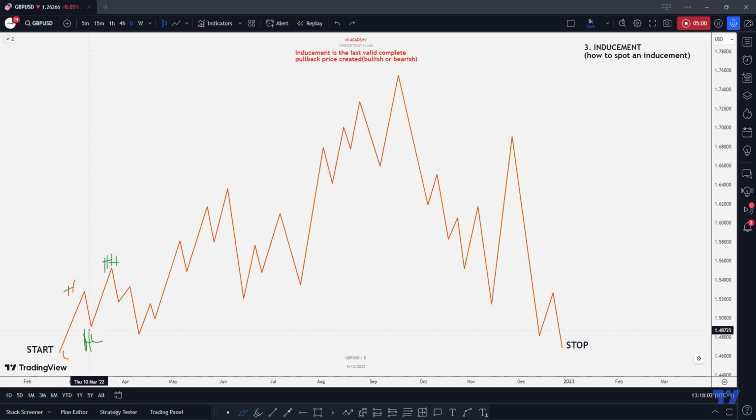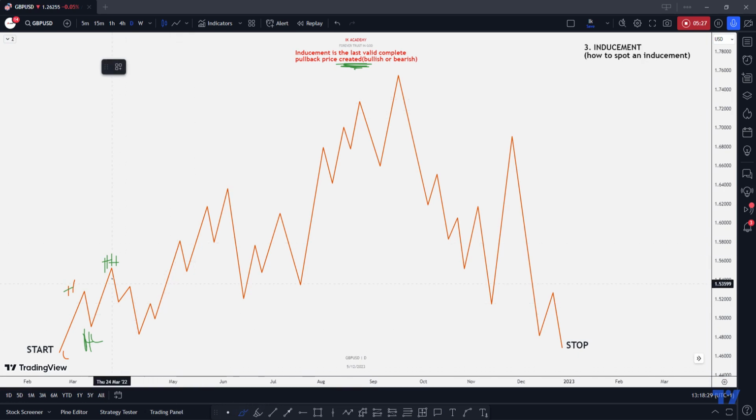So where is going to be our inducement? Don't forget this. Inducement is the last valid complete pullback price created, either bullish or bearish.